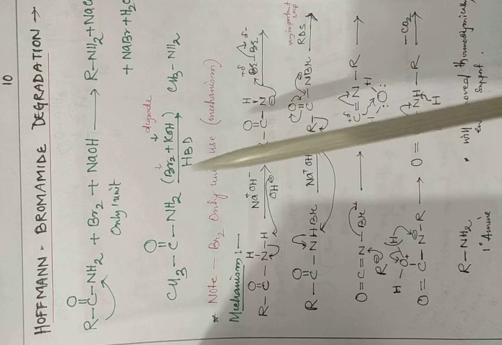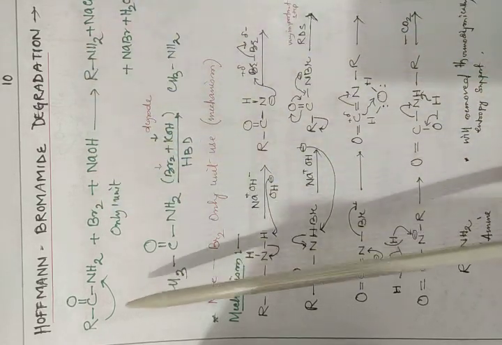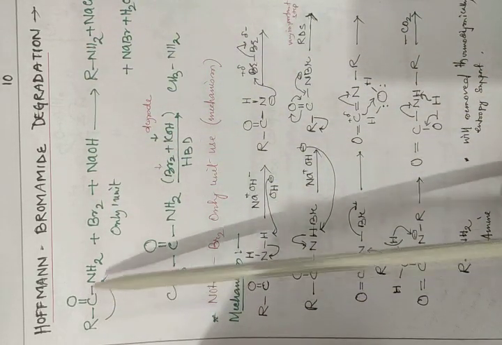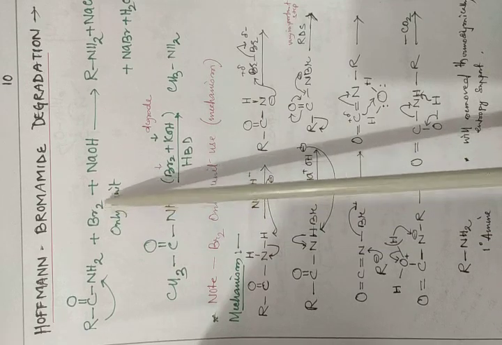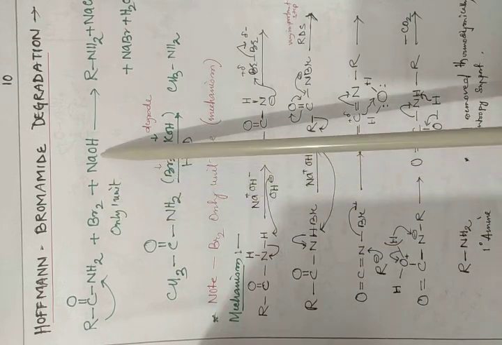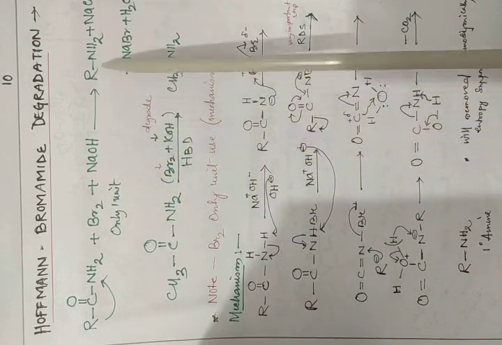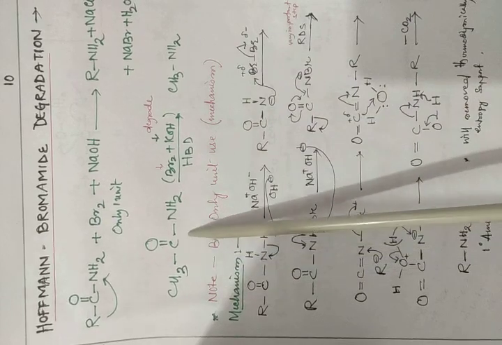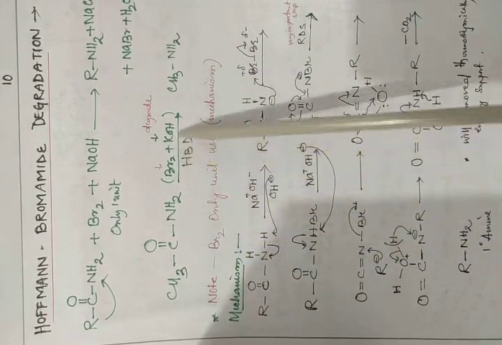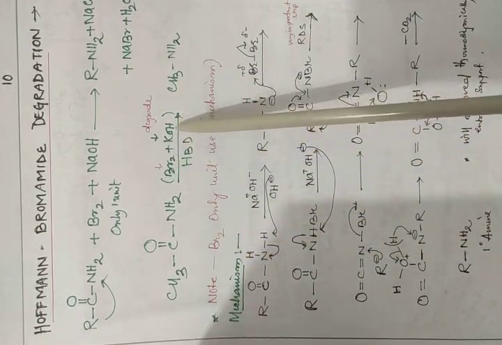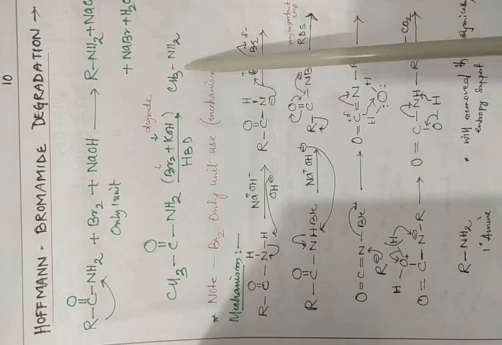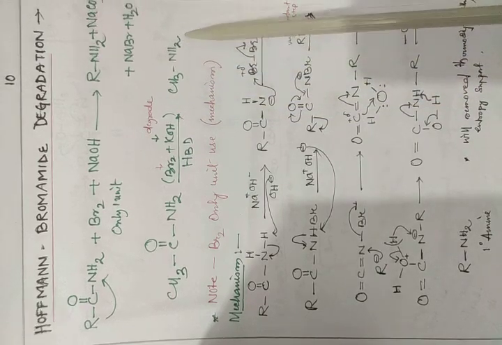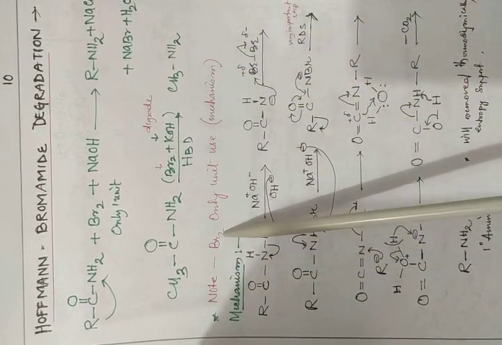Now the Hofmann bromamide degradation. Here we have R C double bond O NH2, then bromine, and sodium hydroxide, and then we get primary amine, along with sodium carbonate, sodium bromide, and water. Here also, if we are using bromine and potassium hydroxide, we get the primary amine by degradation.